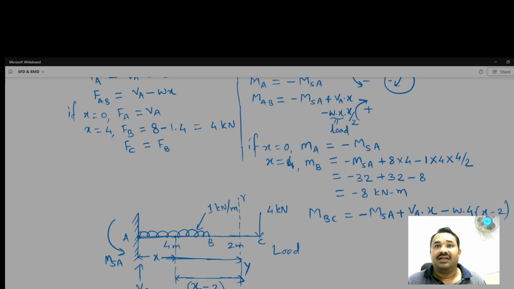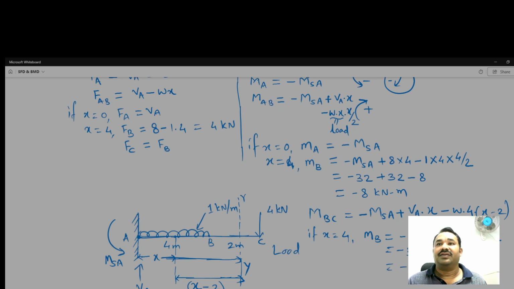and now let us satisfy the boundary condition. If x is equal to 4, then we are talking about MB. So what we are getting here, 32, and it is 8 multiplied by 4, 1, 4, and it is x is equal to 4, so 2 minus 32, and it is 32, it is minus 8.